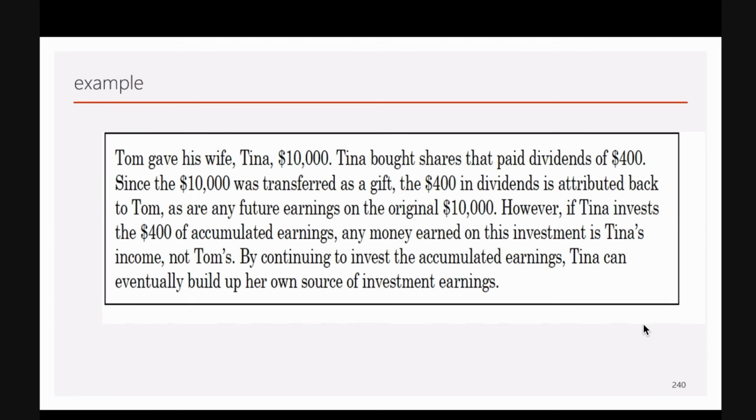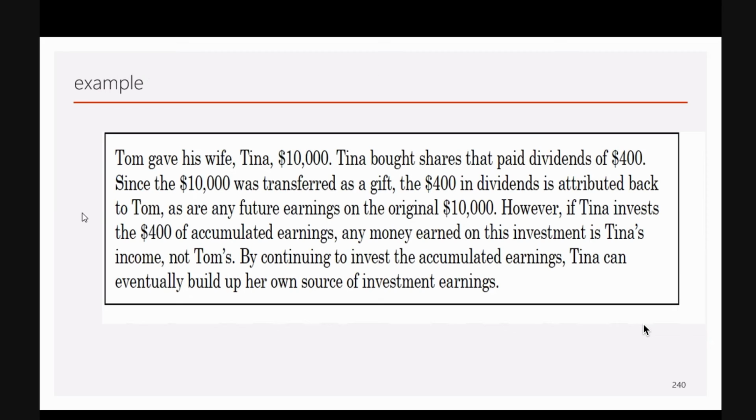However, if Tina invested that 400 of accumulated earning, since the 400 goes to Tina's account, and used that 400 to make another investment, then the money earned on that investment is Tina's income.